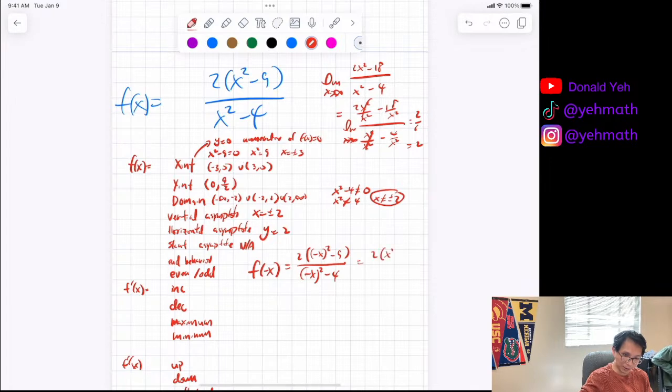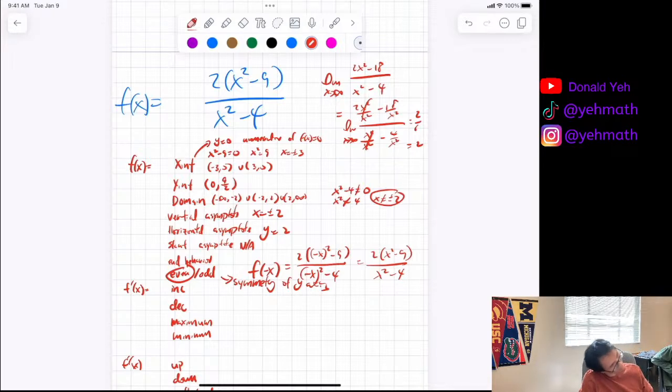So it'll be 2x squared minus 9 over x squared minus 4. So that looks like the original function. That's even. And even has the symmetry of the y-axis. So symmetry of the y-axis. Got it?